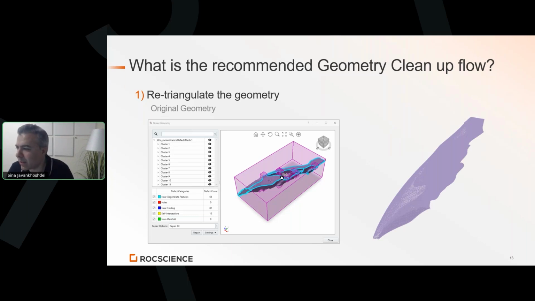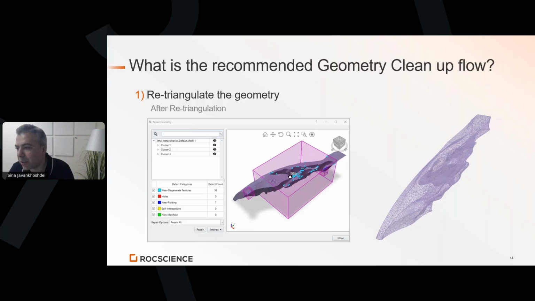So basically, if you look at this geometry, if you look at the surface triangulation, the triangulation is very dense. And if you go to the repair tool option that we have, you see a lot of issues.